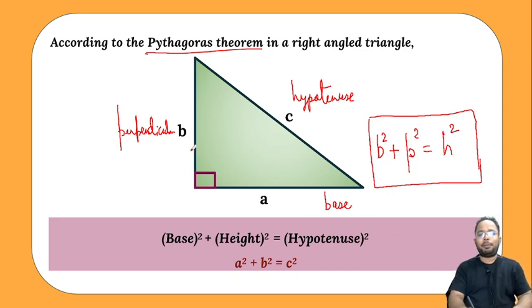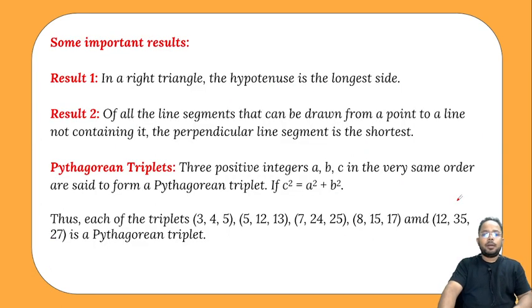Therefore, if we represent these sides with a, b, c, we can say that c square is equal to a square plus b square. All right.